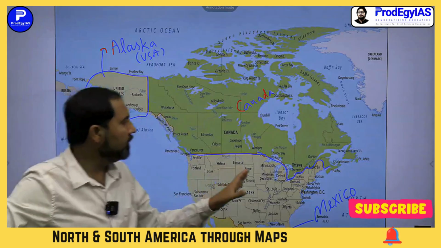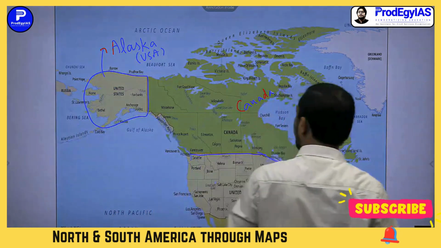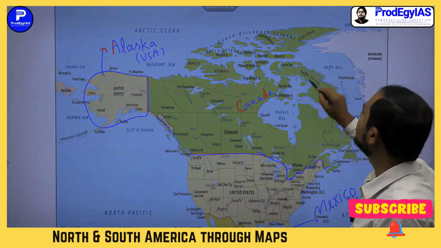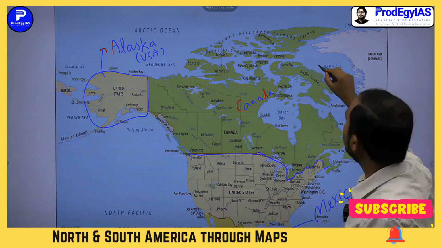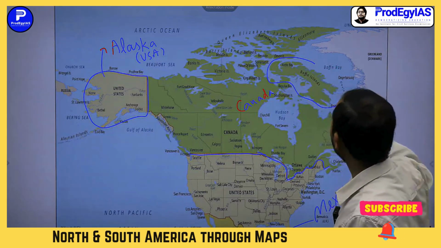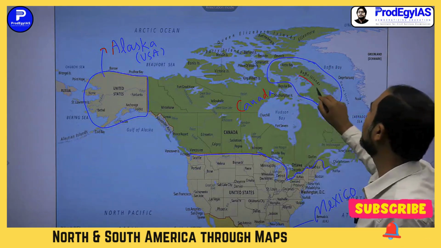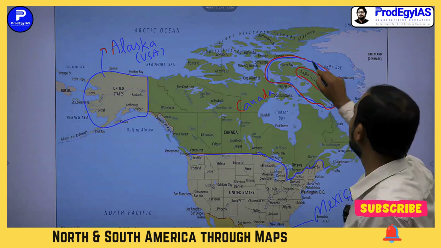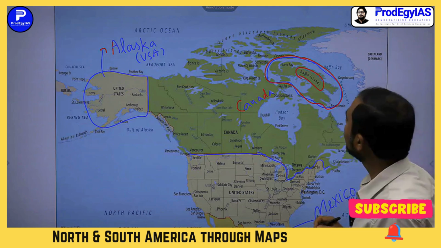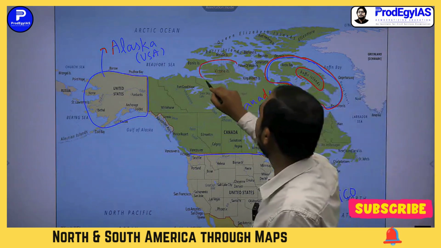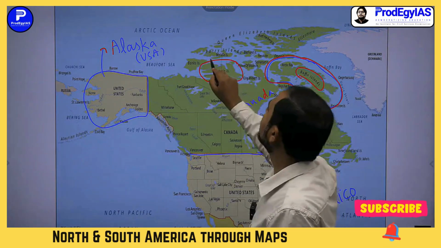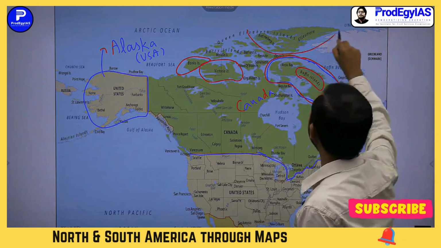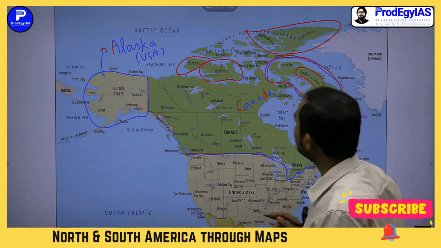Then you have to see what are the territories of Canada, and what are the main islands of Canada. This is a very important, big island, Baffin Island. This is Victoria Island. This is Banks Island. And this large island is Ellesmere Island.